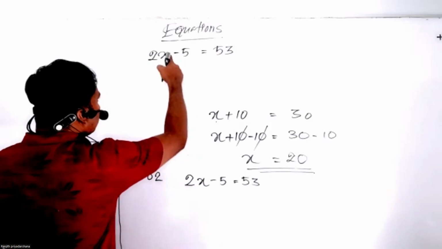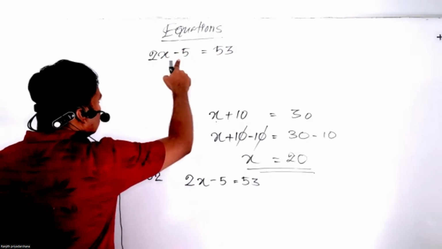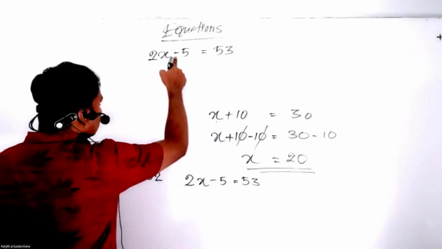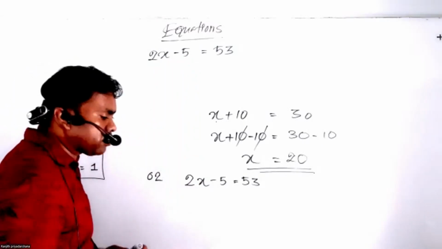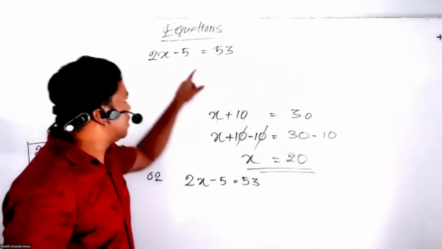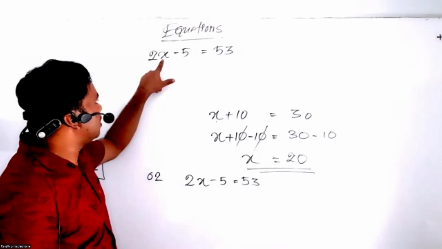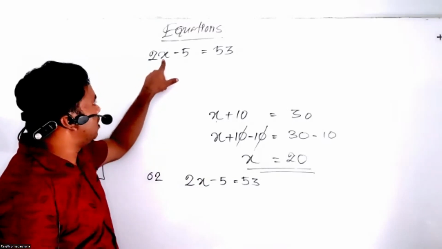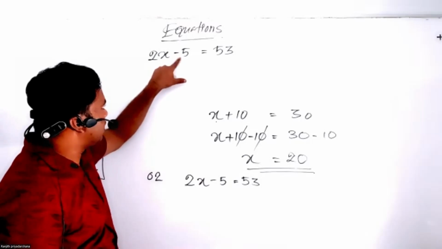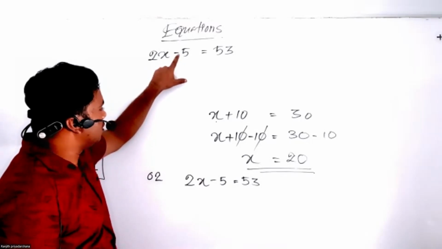First of all, we have to remove this subtraction 5. There's a mathematical operation, addition or subtraction, that can be removed first. Here there are 3 friends. One is very close and not easy to remove, and doesn't fit so well with the others, so let's remove this one first.